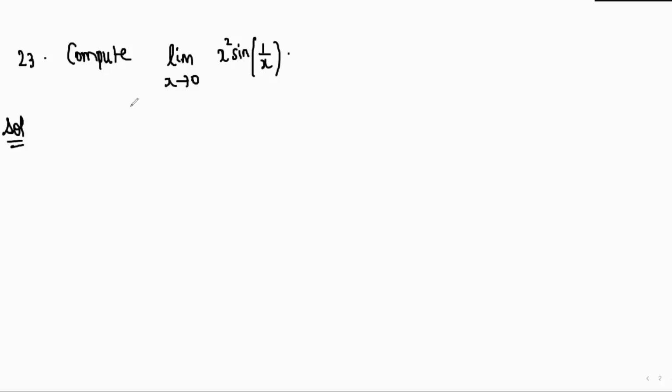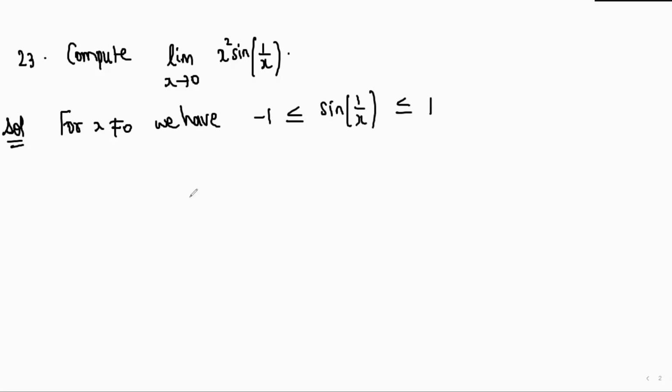Now take the next question. Compute limit x tends to 0 of x square sine 1 by x. Now for x not equal to 0, we have a condition that sine 1 by x lies between minus 1 and plus 1. Therefore, if I multiply x square on all sides, we get minus x square less than or equal to x square sine 1 by x less than or equal to x square.